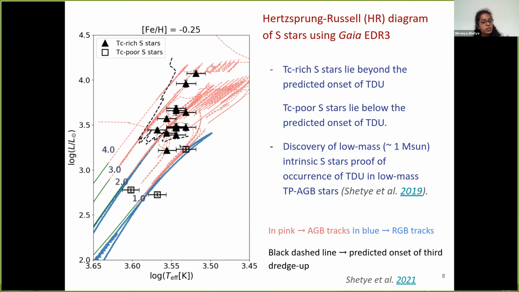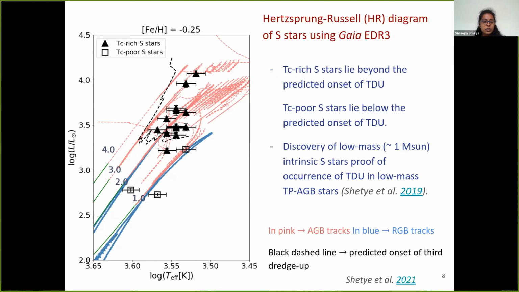So all the technetium-rich stars are located beyond the predicted onset of the third dredge-up, and the technetium-poor are the less evolved counterparts at the tip of the RGB or at the early AGB. So basically what we find from their chemistry, from their technetium features, is incoherent with their location in the HR diagram or with their evolutionary status.